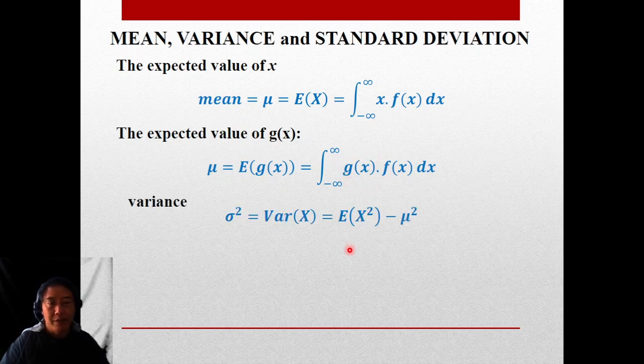For the variance, remember that the definition of the variance is the expected value of x squared minus the square of the expected value of x. And by square rooting, we get the standard deviation.